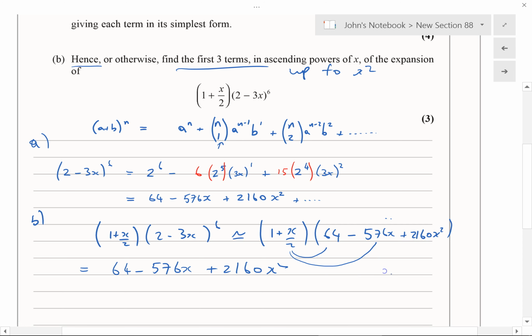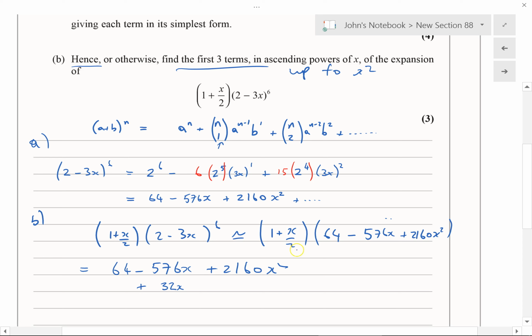Actually, the last one we don't need, because that will be in x cubed. So we're going to have plus x over 2 times 64. Well, x over 2 times 64 is equal to 32x. It's that term, x over 2 times 64.